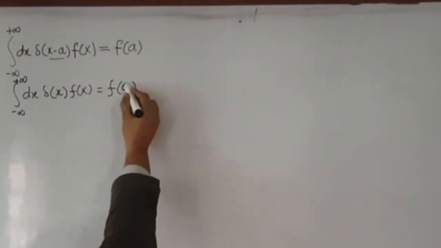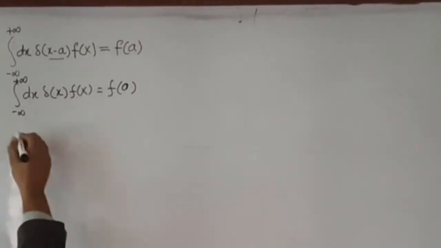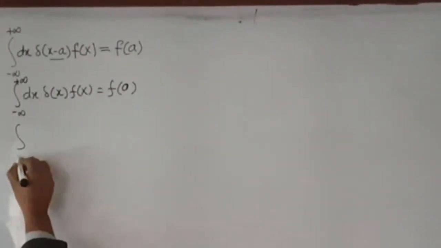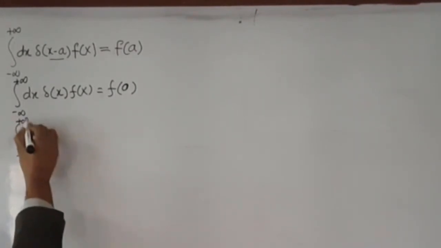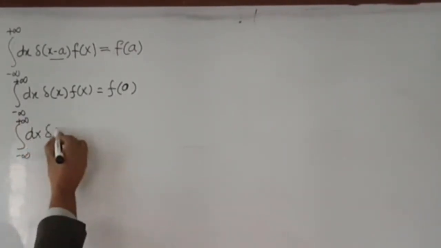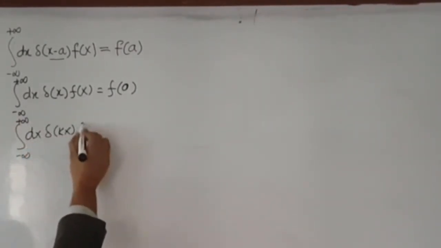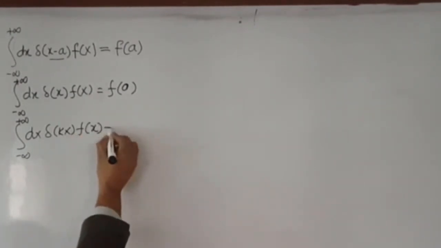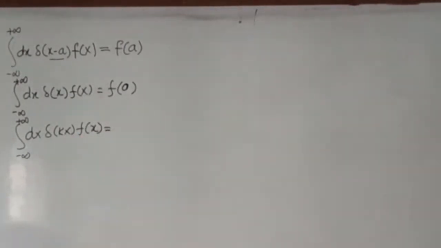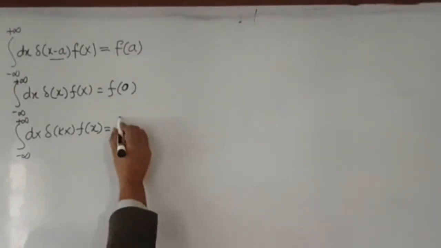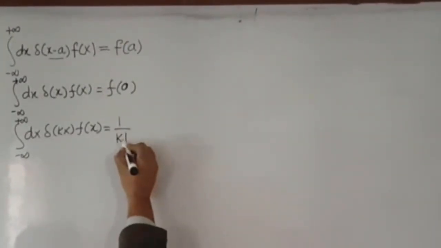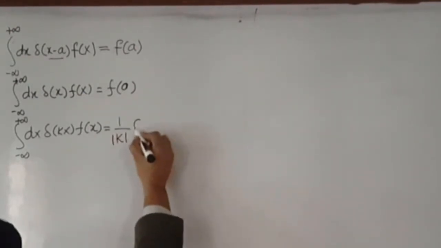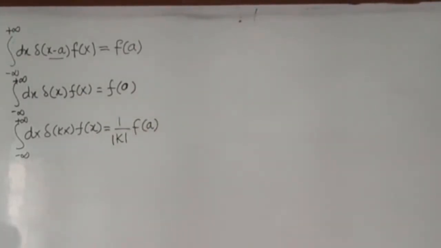Now, from Griffiths we know that if it is the integral from minus infinity to plus infinity of dx delta of kx times f of x, where x is multiplied with a constant k, then this will be equal to 1 over absolute k times f of a.